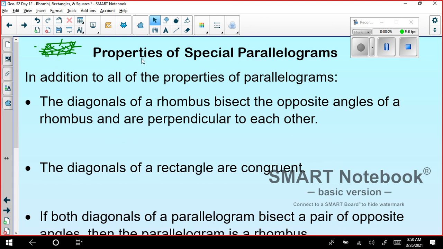The first one is that the diagonals of a rhombus bisect the opposite angles of the rhombus and are perpendicular to each other. This is a special property of the rhombus. What does this mean? Supposing I have a rhombus.